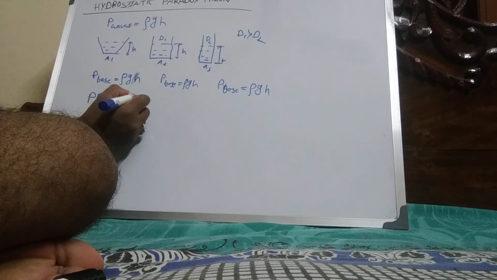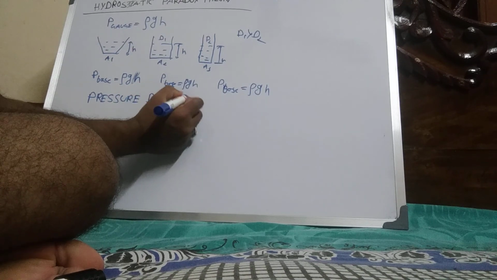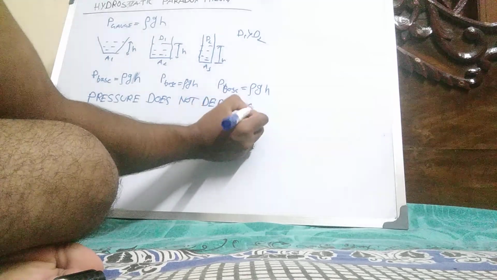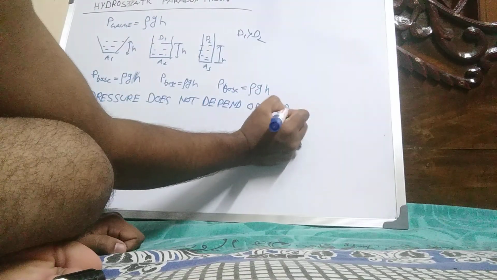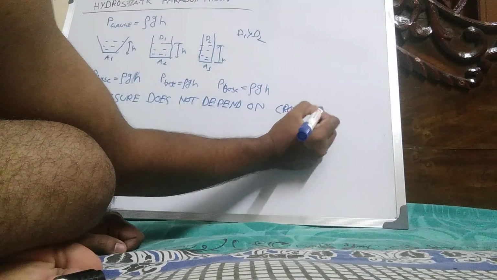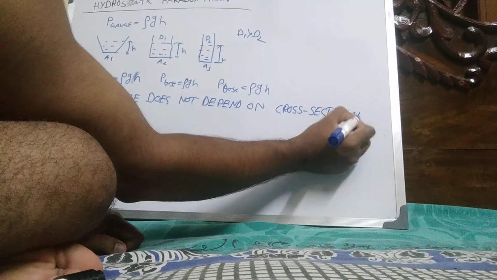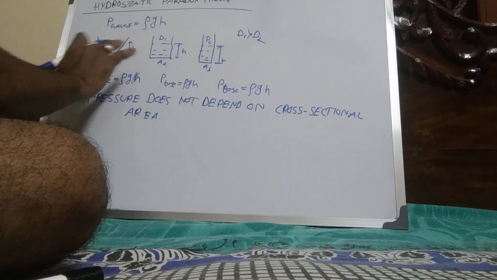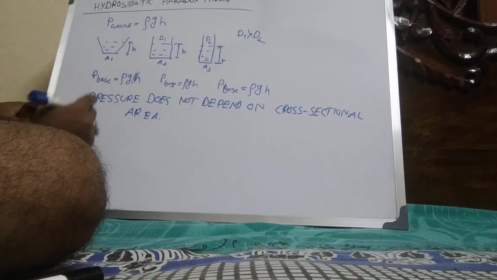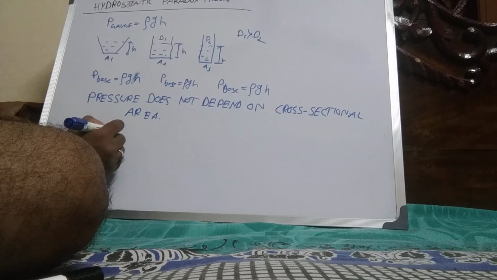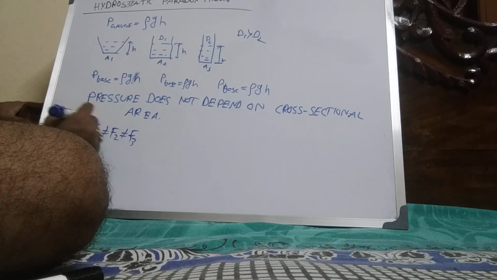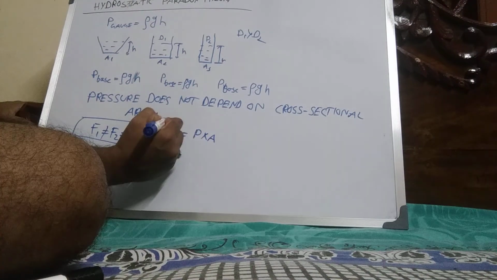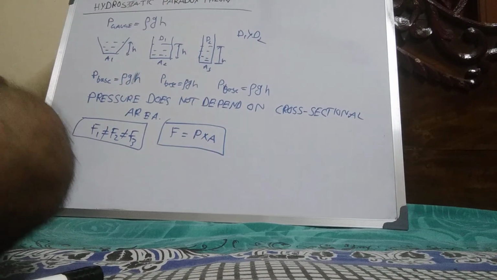But at the base, F1 is not equal to F2, not equal to F3, because force equals pressure into cross-sectional area.